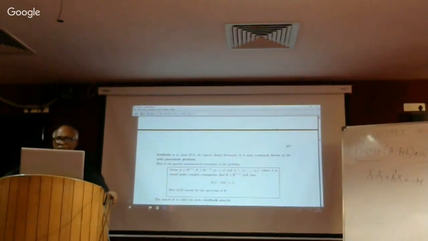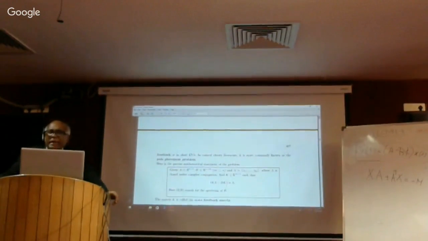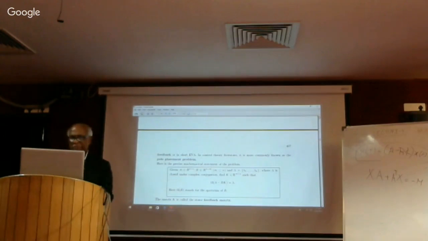So here is the problem. Suppose you are given a pair of matrices A and B, and lambda is a set of eigenvalues lambda 1 up to lambda n, where this set is closed under complex conjugation. Meaning that if alpha plus i beta is an eigenvalue, alpha minus i beta is also an eigenvalue.